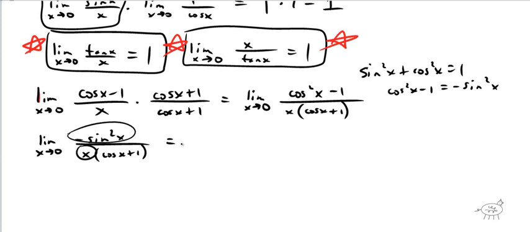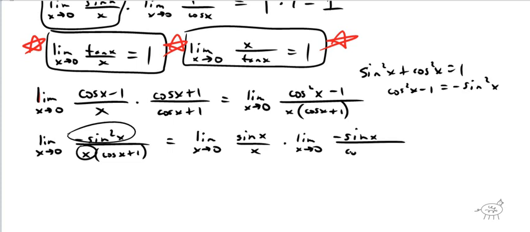So why don't I write that as the limit as x approaches 0 and just take out a sine of x over x. That deals with part of that, and then I have the limit as x approaches 0 of what's left over, still a negative sine of x over cosine of x plus 1. So again, the beauty is I've dealt with that now, so truly that's just equal to 1. And now I'm not going to get something undefined in my denominator.